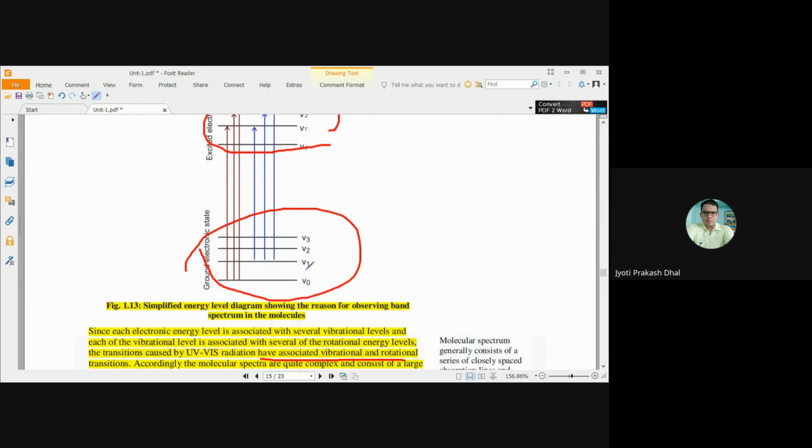Now you can see within the ground electronic state different vibrational energy levels. This is the ground vibrational energy level, this is the first excited vibrational energy level, this is the second excited vibrational energy level, and this is the third excited vibrational energy level.